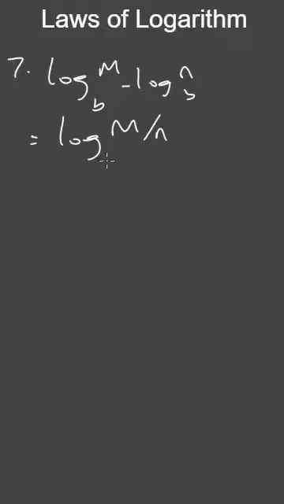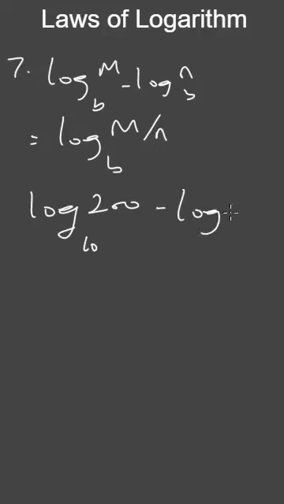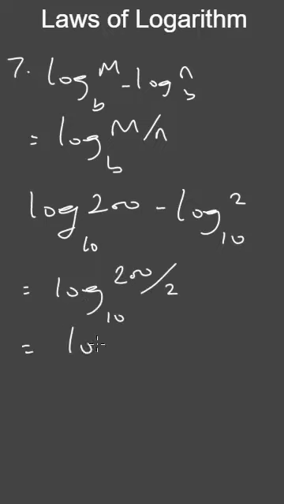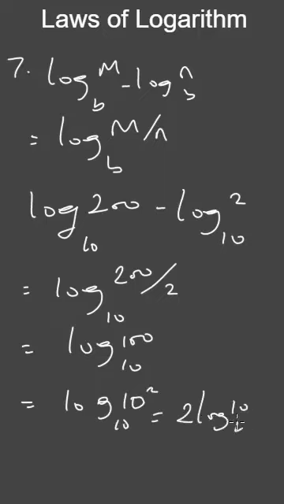For example, if I have log 200 to base 10 minus log 2 to base 10, this can be written as log 200 divided by 2 to base 10, and that will give log 100 to base 10, and log 100 to base 10 you can write as log 10 raised to the power 2 to base 10, and eventually you have 2 log 10 to base 10, and that gives you 2.